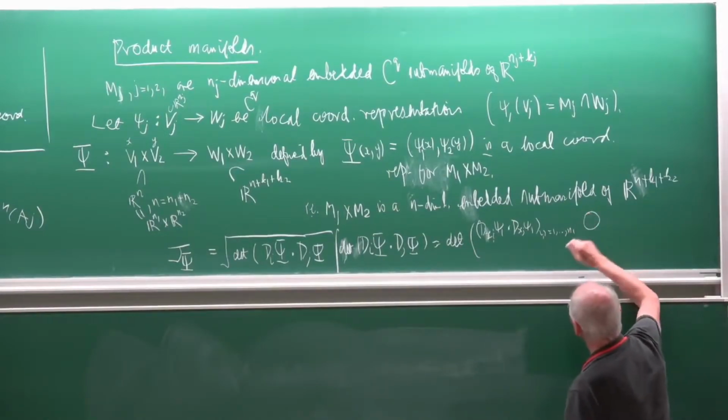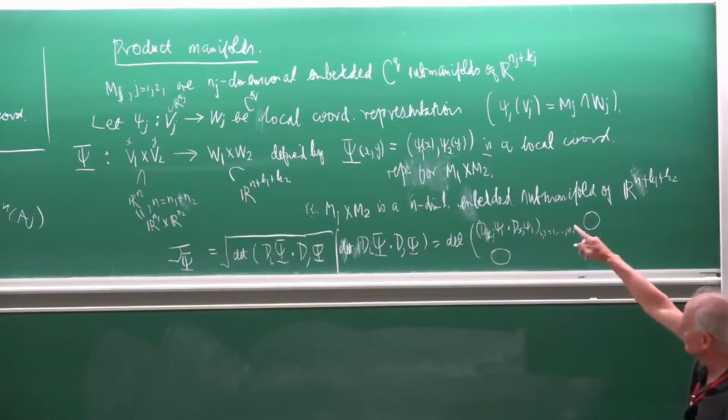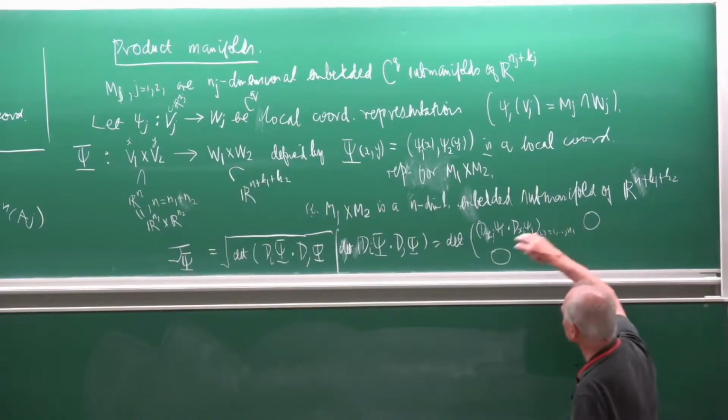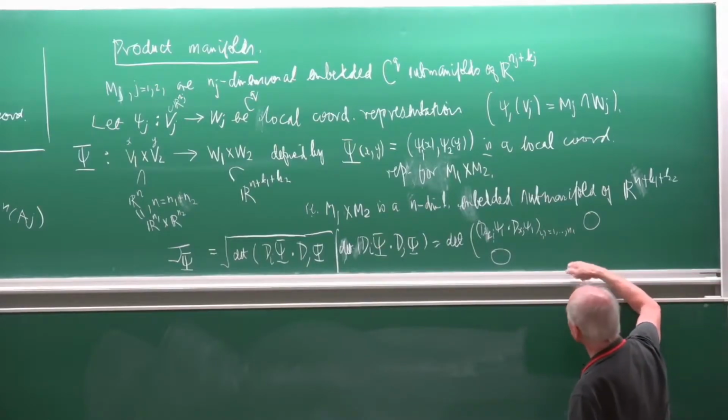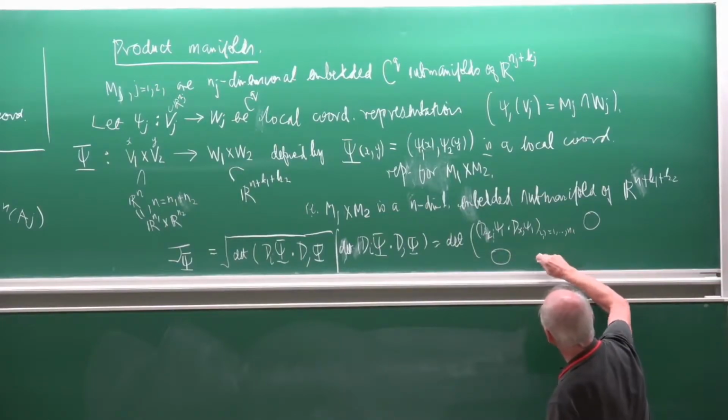Then you have the zeros in the off-diagonal terms because of what I said. When you differentiate the function depending on y with respect to the x variables, you just get 0.